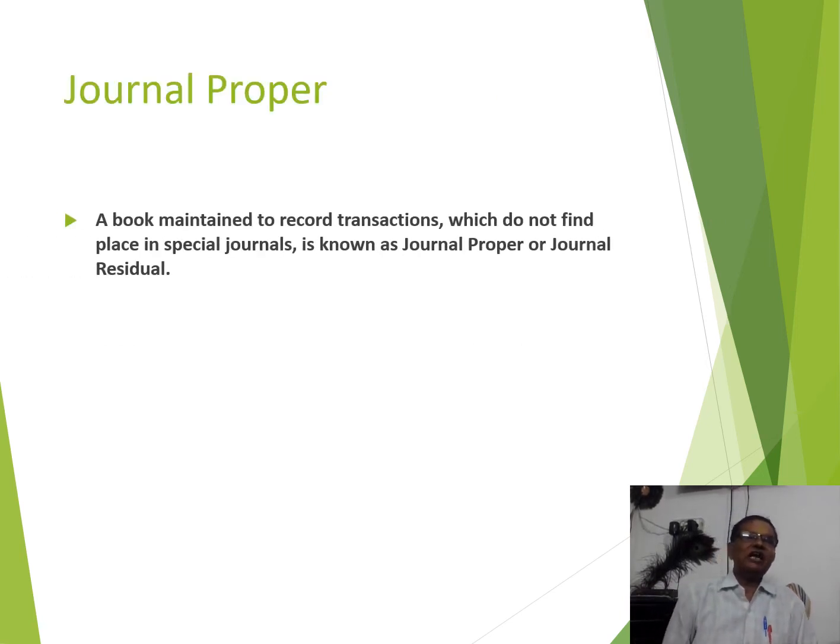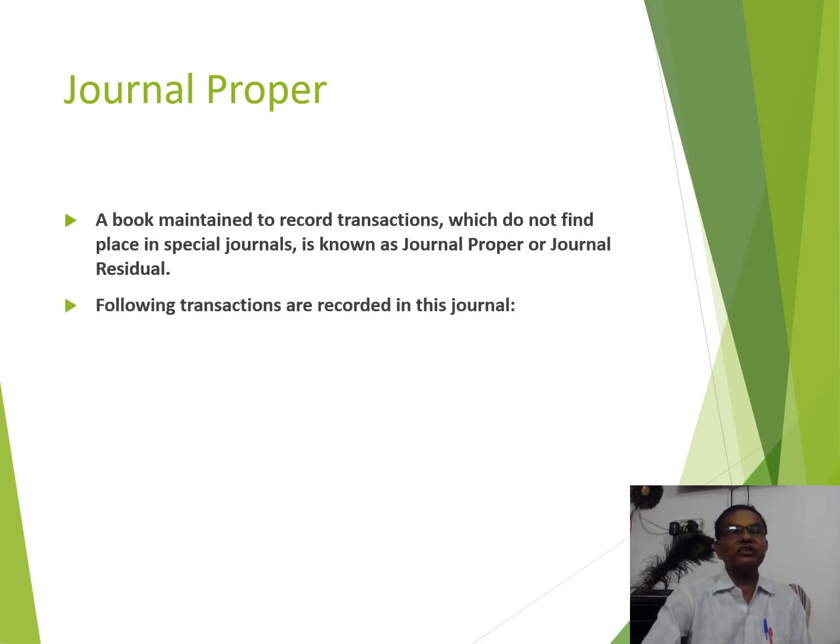So what is the journal proper, my dear friend? A book maintained to record transactions which do not find a place in a special journal is known as the journal proper or journal residual.